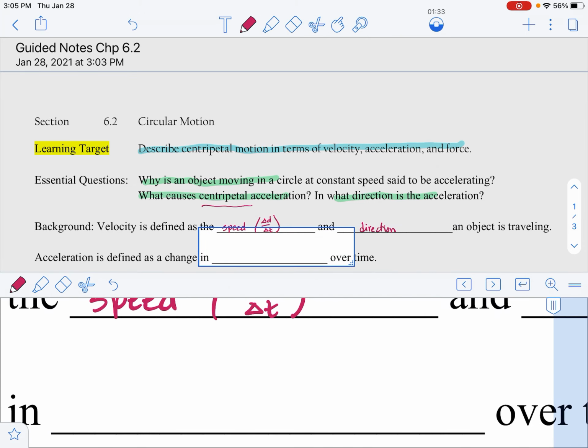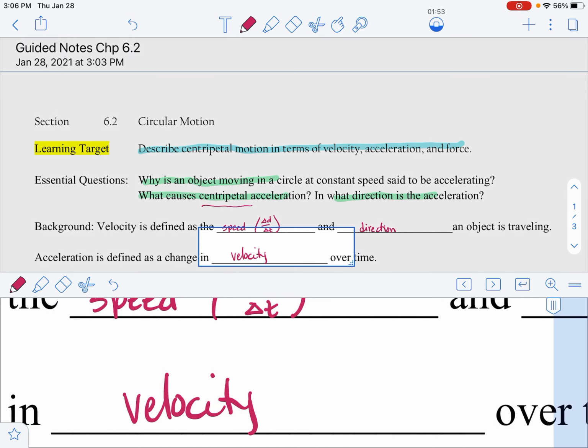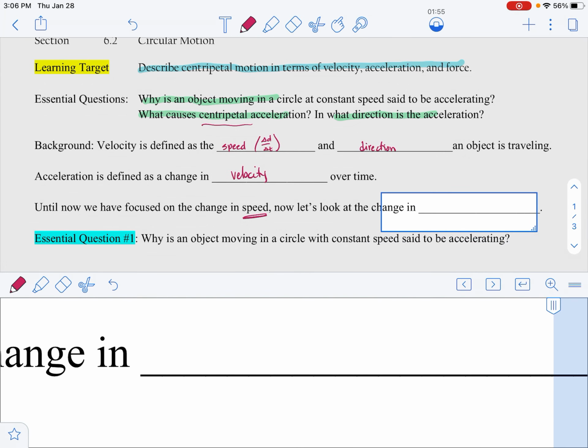And if we want to talk about acceleration, we know that acceleration is a change in velocity over time. Well, since velocity includes both speed and direction, you can have acceleration if you change the speed. But what we're going to do this time is look at acceleration as a change in direction.